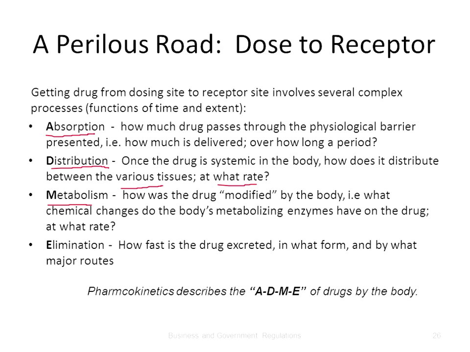Especially, we know that the liver will often break down drugs. So metabolizing enzymes, what effect do they have on the drug? And finally, how is it eliminated? How fast is it eliminated, excreted from the body? In what form and by what routes? So these studies are all PK studies, and they are called ADME: absorption, distribution, metabolism, and elimination. Okay, ADME studies are PK, pharmacokinetic studies. That's what we are studying when we do ADME, when we do PK.